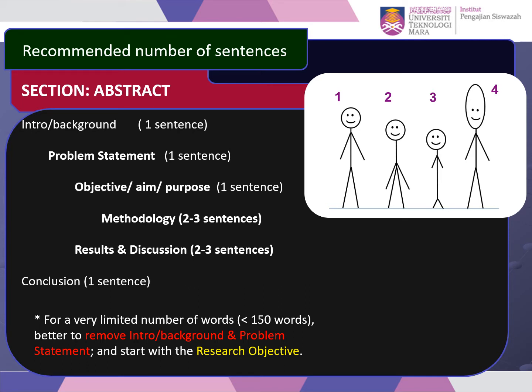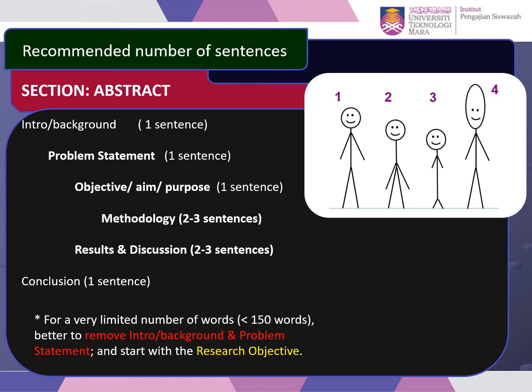Up till now, we have observed a few abstracts from impactful journals. So now in these slides, I'm going to recommend the number of sentences for each component of the abstract. Based on what we have seen just now, generally the introduction or the background of the abstract is written in one sentence.